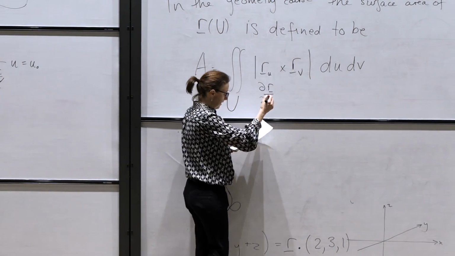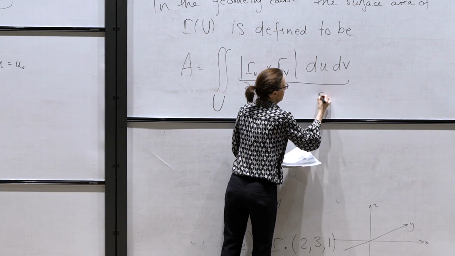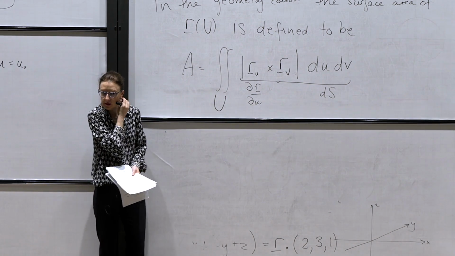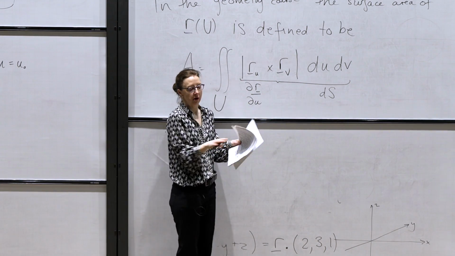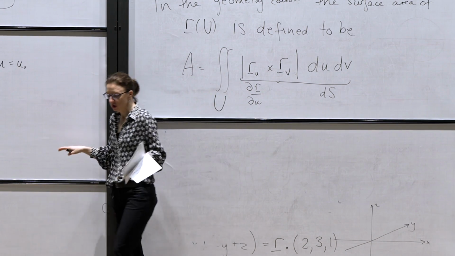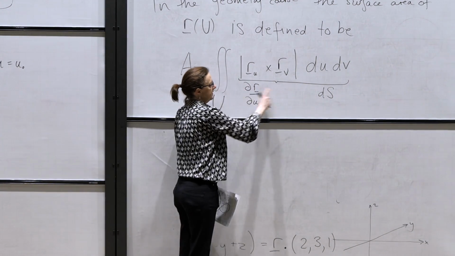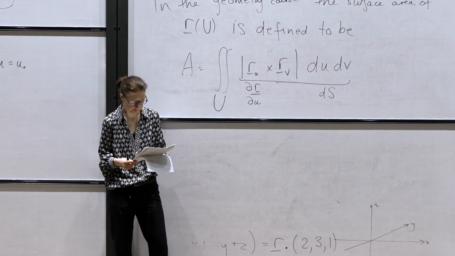So we can write this as the area element dS on the surface. Okay, so this accounts for the fact that there's a map that you're taking points in the set U, which you can put on a plane, to points in 3 space, and this is related to the Jacobian that we've seen when we've been doing the other integrals.